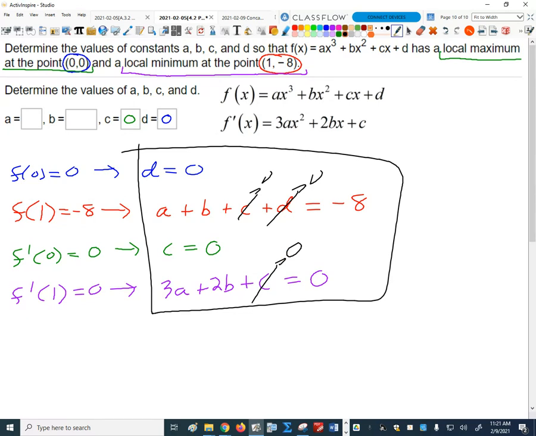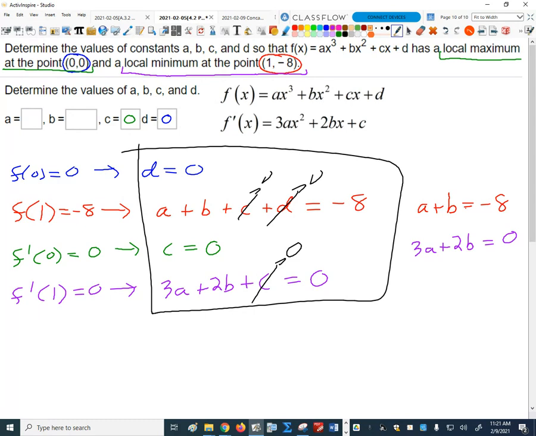And then this whole thing, I really only end up with 2 different equations here. I get A plus B equals negative 8, and 3a plus 2b equals 0. And so now I can solve that 2 by 2 system pretty easily.